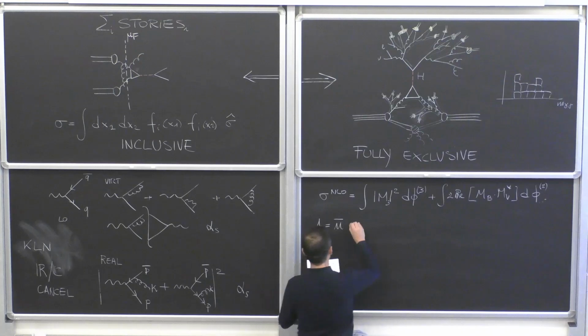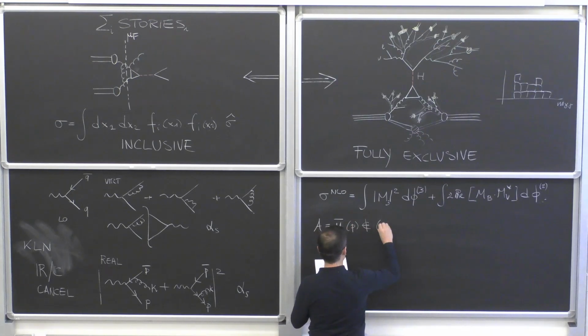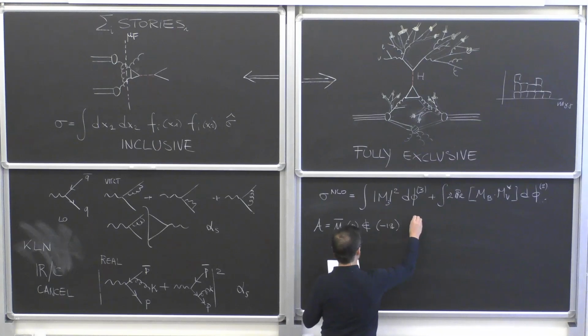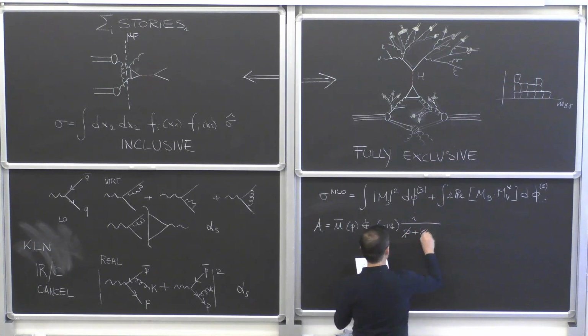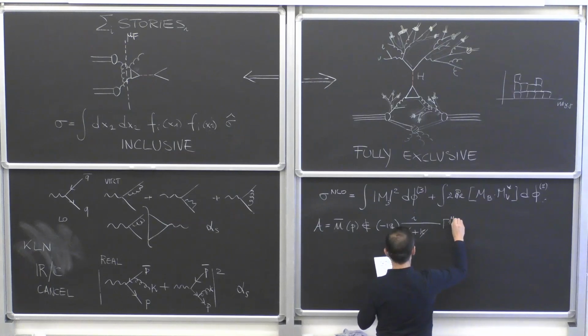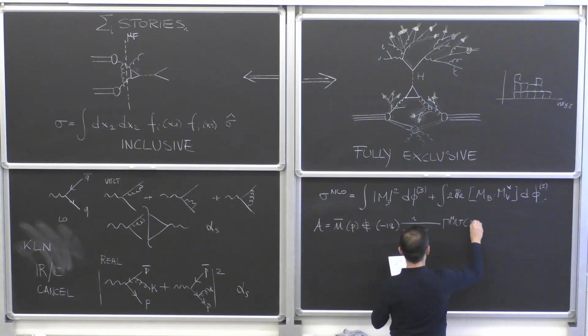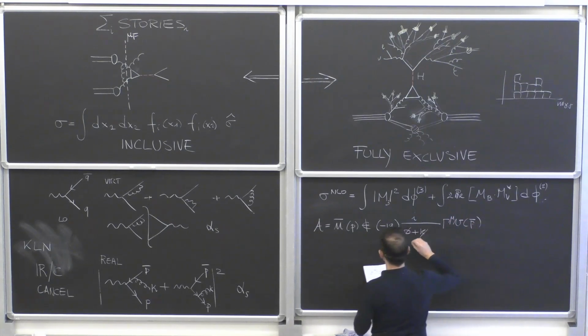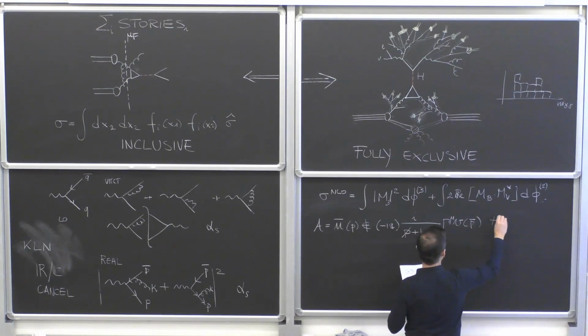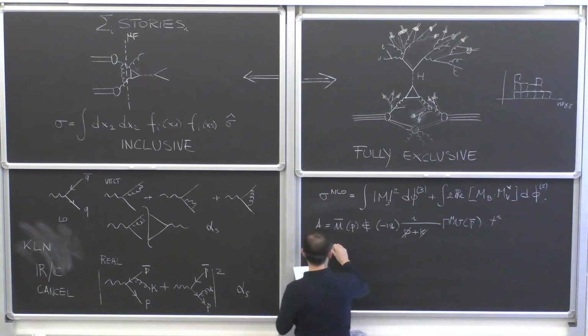So I get u bar of P, epsilon slash, minus i, P plus kappa slash, gamma mu is the vertex, v of P bar, and then there is a color matrix, plus the other diagram.